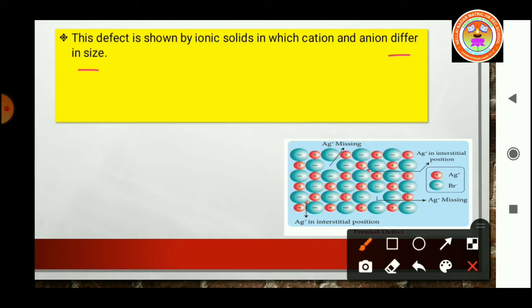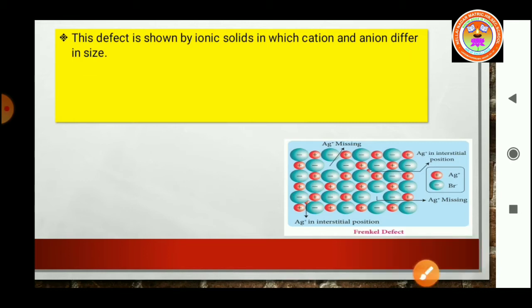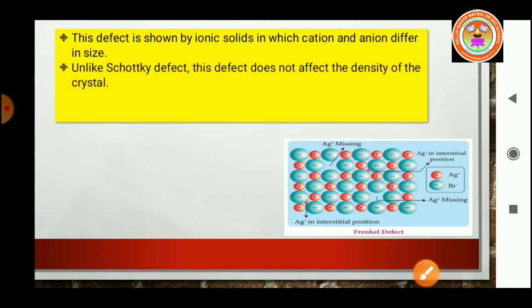Let's see the diagram. It clearly indicates the size of Ag+ and Br-. So unlike Schottky defects, this defect does not affect the density of the crystal. Now clear?